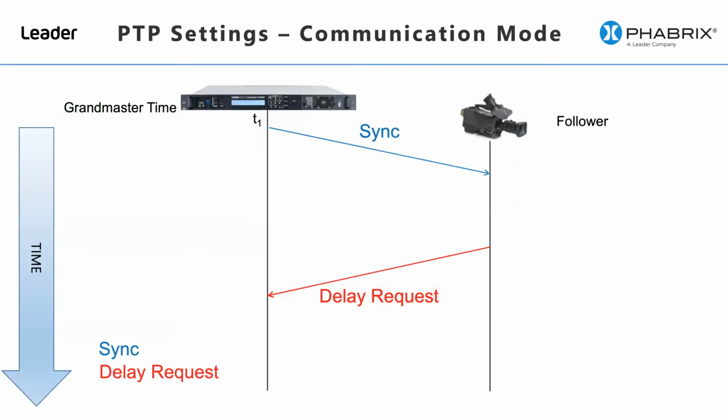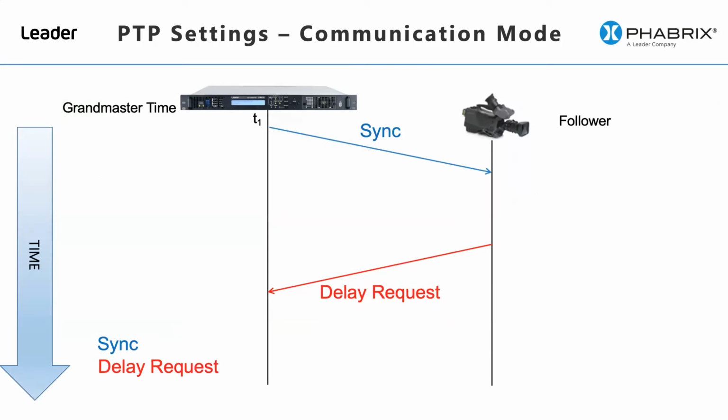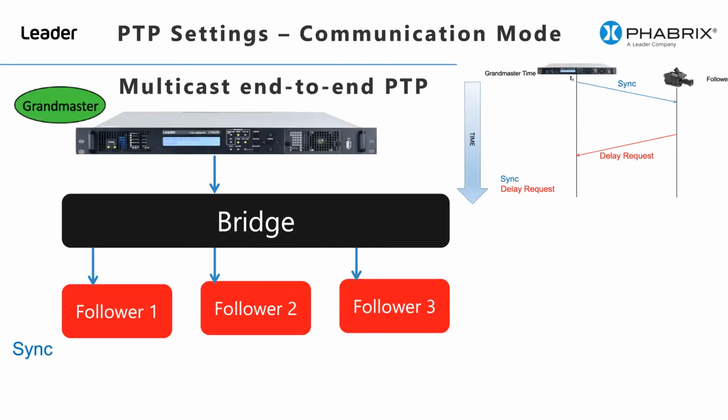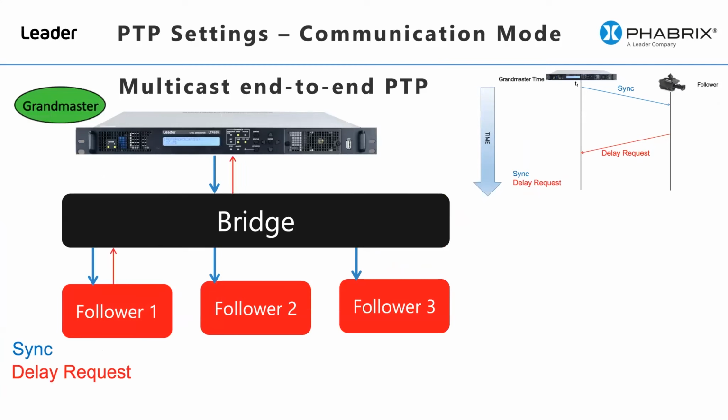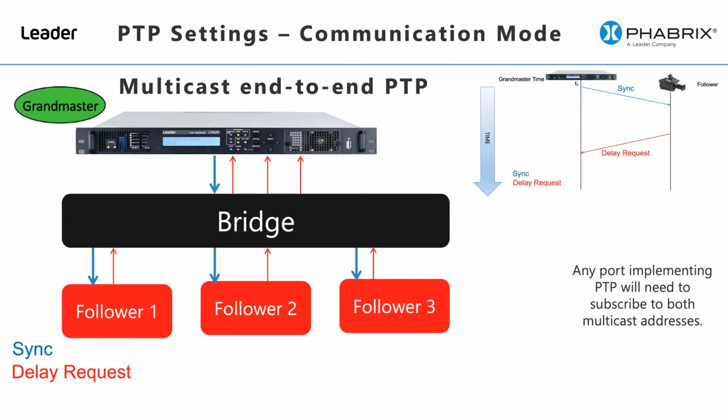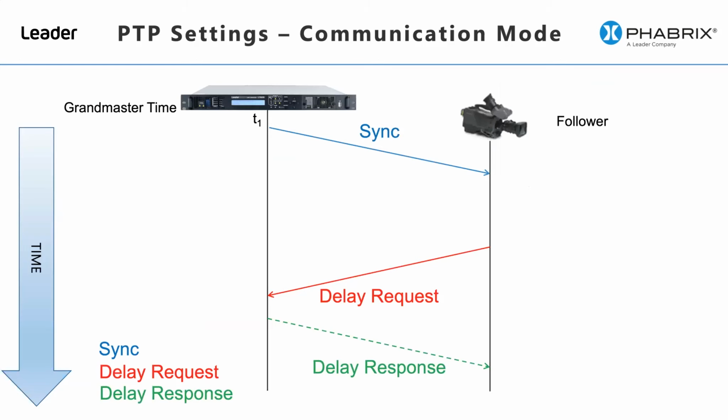The follower then sends back a delay request. Any port implementing PTP will need to subscribe to both multicast addresses. The bridge may be a transparent clock, or a switch, or a router with no PTP capabilities. Then the grandmaster sends the delay response message.